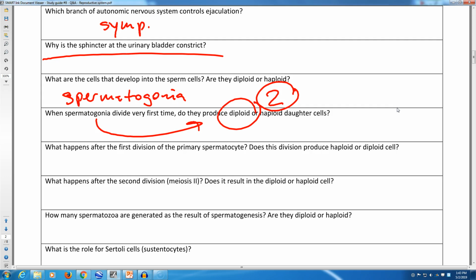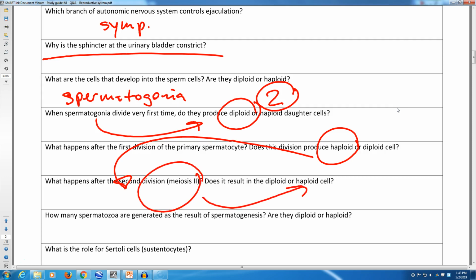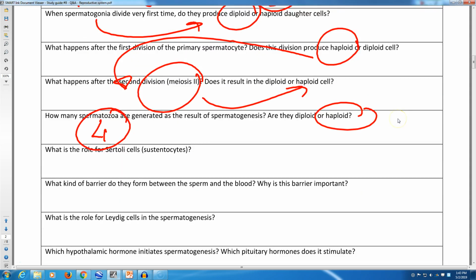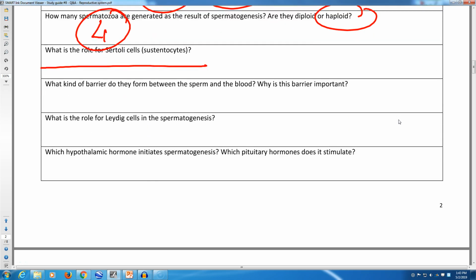Another divides the first time, meiosis I, and produces a haploid cell, which then undergoes the second division, meiosis II, producing another haploid cell. 4 spermatozoa are generated as the result of spermatogenesis. They are all haploid.